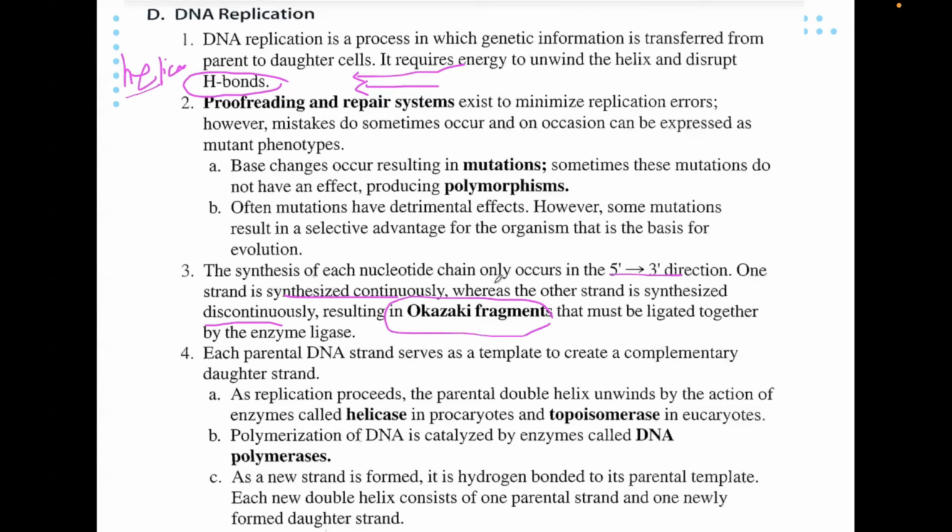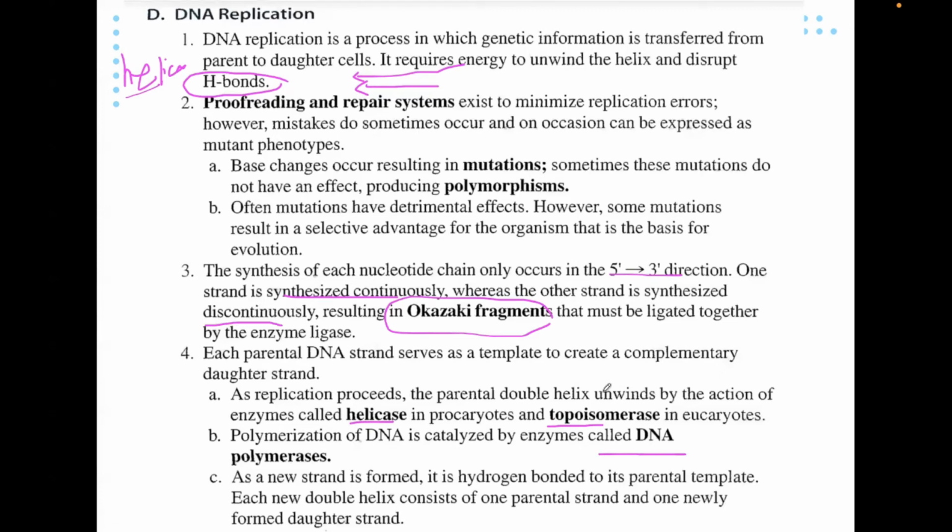As replication proceeds, the parental double helix unwinds by the action of enzymes, or what we call the helicases in prokaryotes and topoisomerase in your eukaryotes. Polymerization of DNA is catalyzed by enzymes called your DNA polymerases. Yung mga topoisomerase, kung natatandaan, sila yung nagpa-prevent ng mga supercoiling as the helicases unwind your DNA strands.